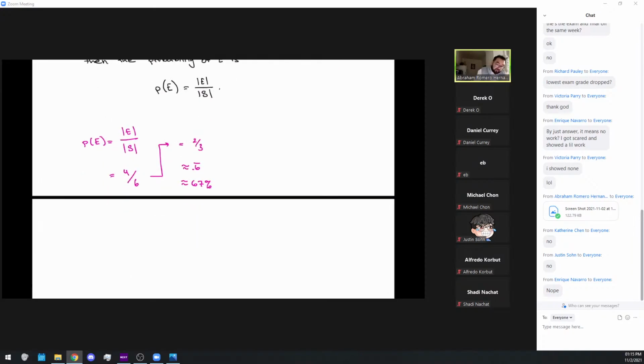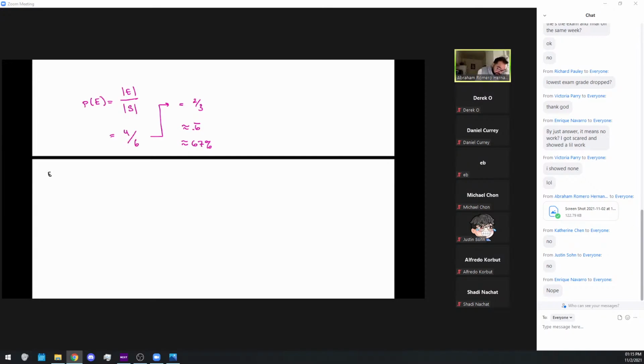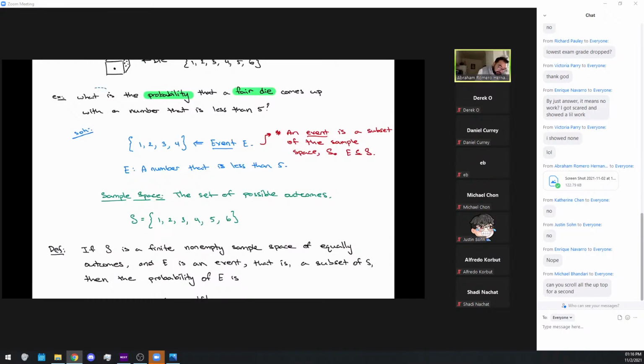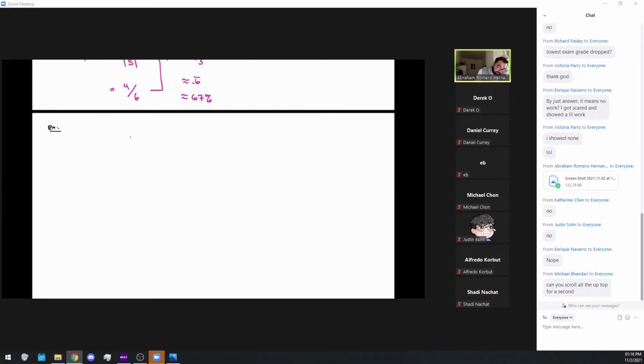Okay. What is the probability? So let me copy the exact same question. What is the probability that the fair die comes up, let's say, five or greater, that comes up greater than or equal to 5?